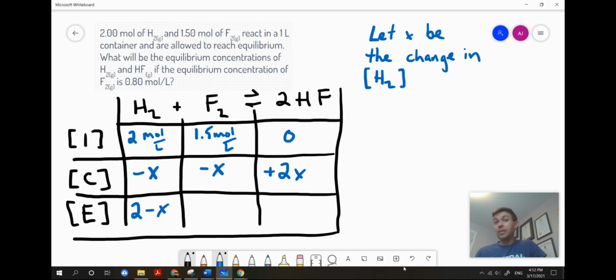I'm going to leave out the units right now, just remembering that we're always dealing with moles per liter. Fluorine gas started with 1.5 moles per liter, and it's going to decrease by a concentration of x as well. We did not start with any hydrogen fluoride, and it's going to increase by 2x. So my equilibrium concentration is 0 plus 2x, or 2x.